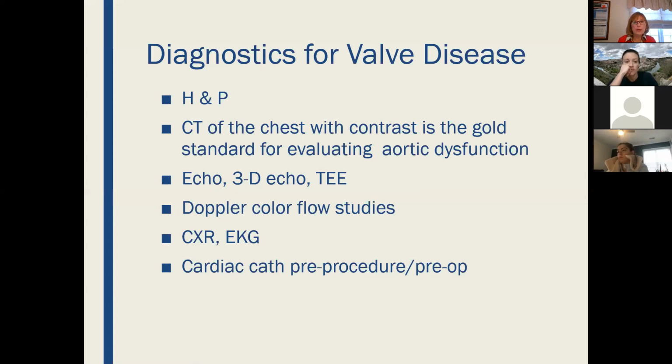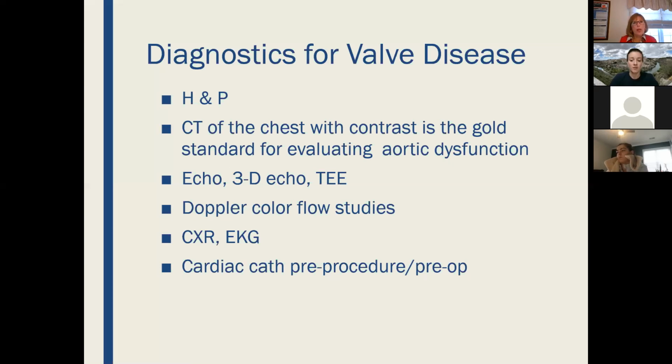If you're the chronic case and they're following you, they're going to do echoes and see how it's changing from one echo to another. They can do a TEE and go down your esophagus and echo that way. They can do a transthoracic, a TTE, and just do it through skin. They can do the Doppler flow studies. That tells us, you know, venous blood is one color going one way and arterial blood is going the other, and it's color coded.